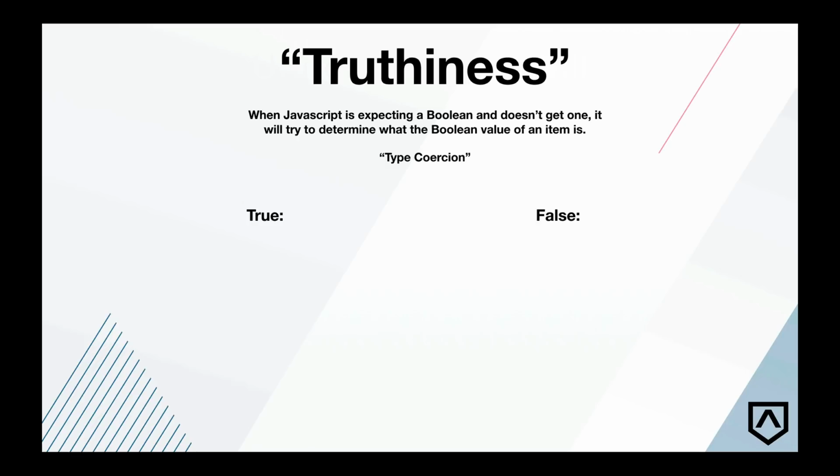But we'll just say that when JavaScript is expecting a Boolean and doesn't get one right off the bat, it's going to determine what the Boolean value of that item is. So just like in our if statement, if that expression isn't true or false at the end, JavaScript's going to do something called type coercion and make it true or false.